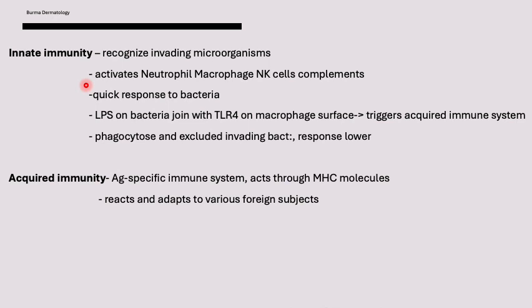Cells such as macrophages phagocytose and exclude those invading bacteria, but the response is lower than the acquired immunity. So acquired immunity is an antigen-specific immune system, and it acts through the MHC molecules, major histocompatibility molecule 1 and 2, and reacts and adapts to the various foreign subjects.